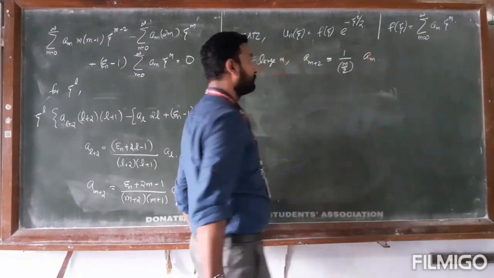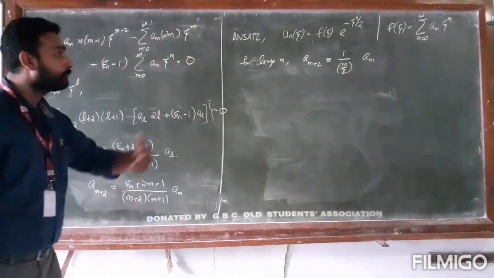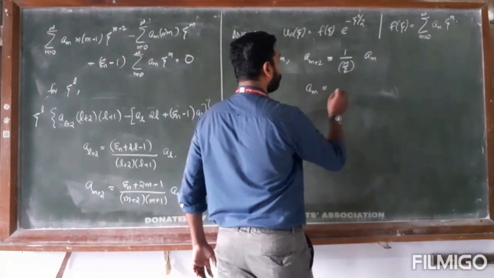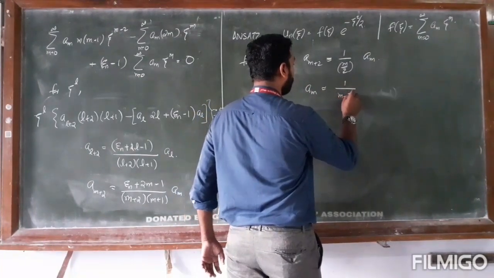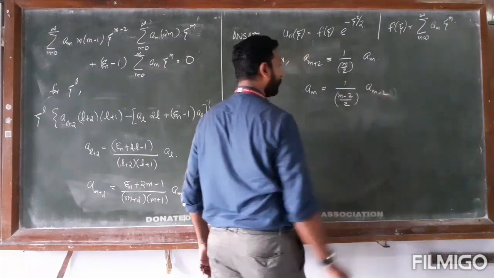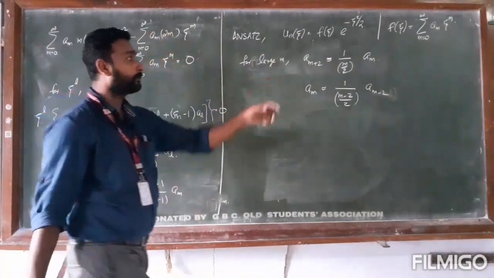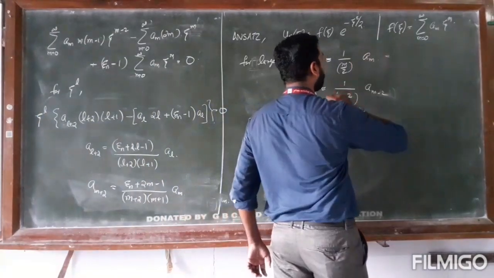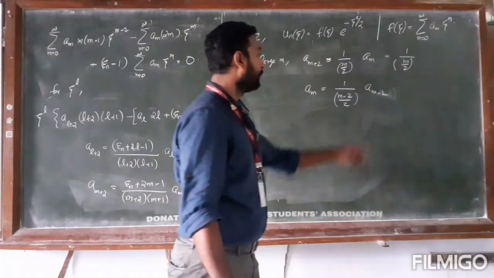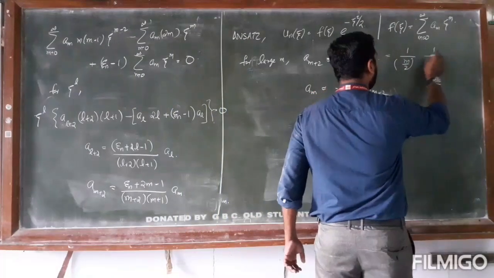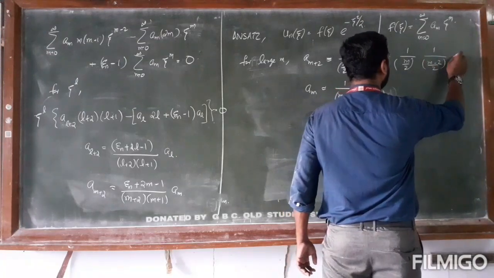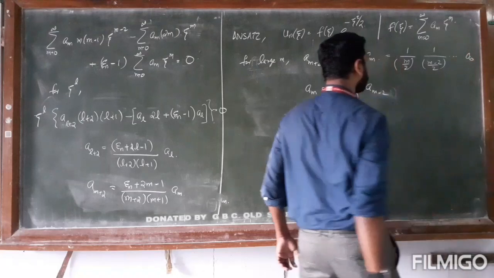Then a_m will become 1 by m minus 2 by 2. So therefore a_(m+2) I can write as 1 by m by 2. Then a_m would be 1 by m minus 2 by 2, and so on down to a_0.